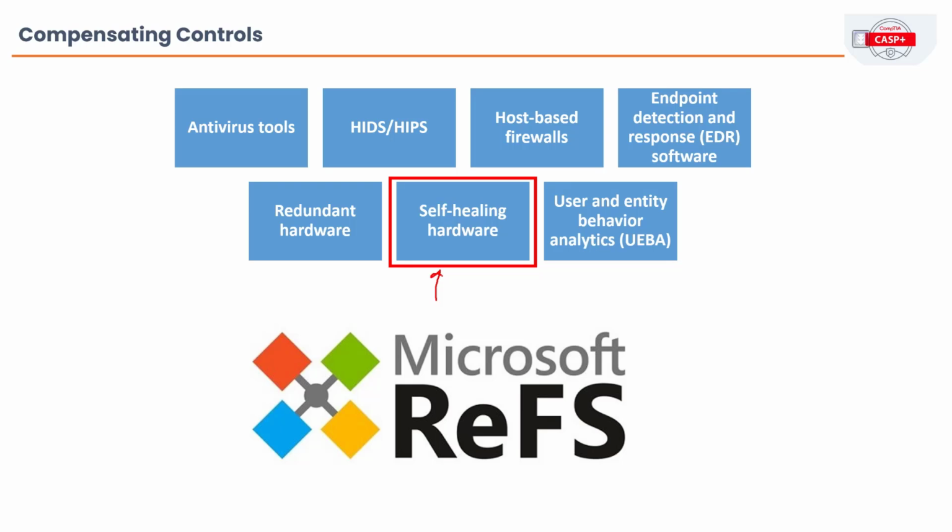The Resilient File System, or ReFS, is a feature available on Microsoft operating systems as of Windows Server 2012 and allows for this. The hosted drives are constantly scanned by an integrity scanner that ReFS deploys, and if necessary, it starts a repair process.